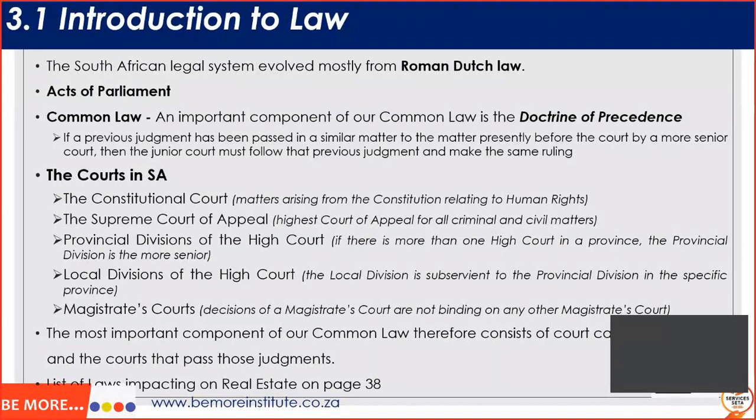When a particular judgment has been passed on a similar matter to the matter currently before another court, and the judgment was passed by a court more senior than the current court, the junior court will have to follow those previous judgments in making a ruling. Let's say we're sitting in a local division of the High Court in a particular province, and a similar matter was discussed at a provincial division of the High Court in the same province.